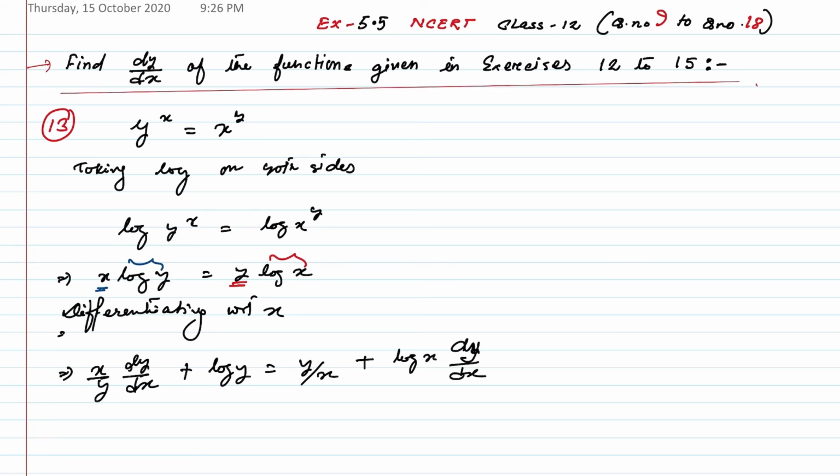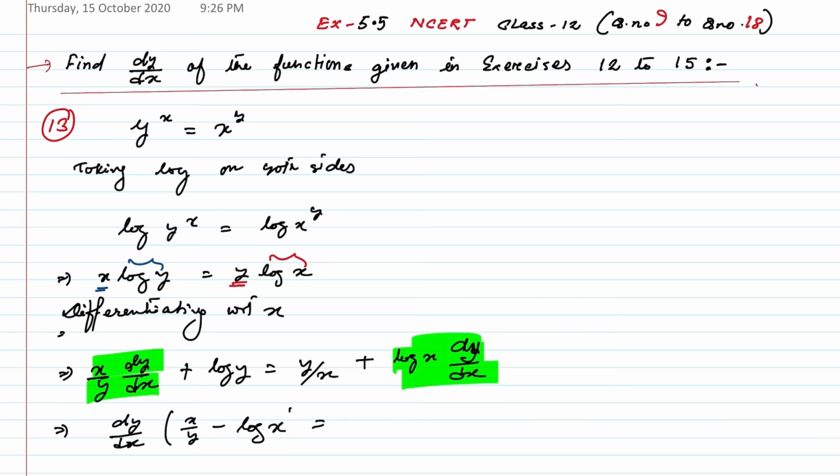Now take this term to the other side of the equal sign, and taking dy by dx common, what we will get, x by y minus log of x, and other terms to right hand side, we will get y by x minus log of y.